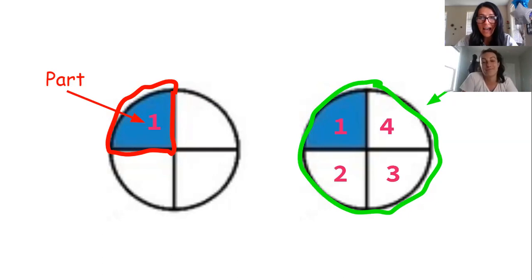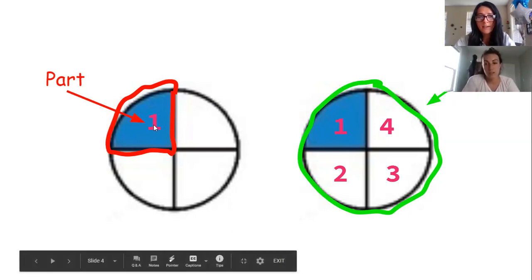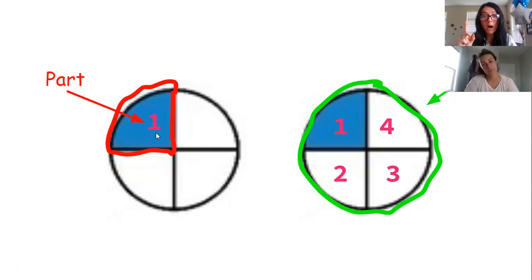So our next slide looks a lot like the one we just saw, except it tells us the fractions for us. So we see the part has one blue piece. So the part would be 1. Our whole is when we count them all together. Miss Laughlin, will you count with me? Yep. 1, 2, 3, 4.